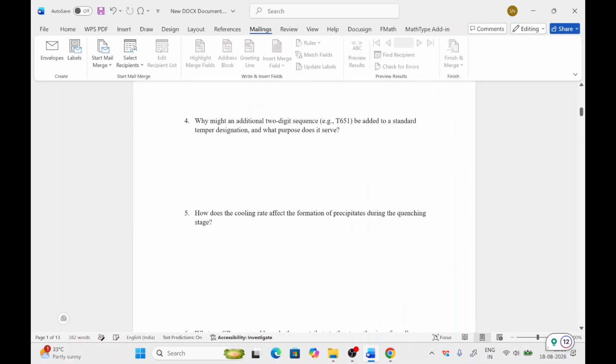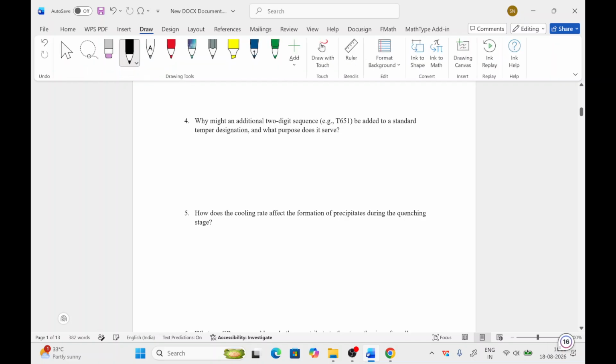So the fourth question is, why might an additional two digit sequence, T651, be added to a standard temper designation, and what purpose does it serve?